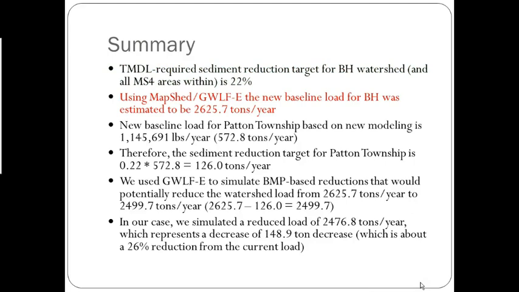We then used MapShed and the GWLF-E model to calculate a new baseline load for the entire Big Hollow watershed, and this was estimated to be 2,625.7 tons per year. We looked at the output in the urban area viewer, which allows us to basically establish the different loads for different municipalities within a given watershed.